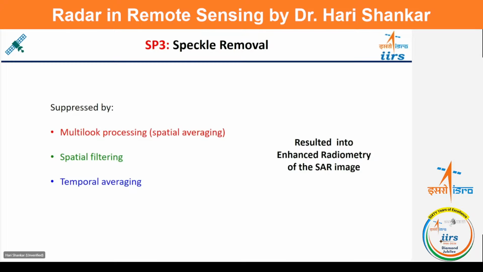That process is called temporal averaging. What happens is, in one image the speckle is less, in another image the speckle is high, and in another image the speckle is high. So overall, the effect of noise or speckle can be removed.